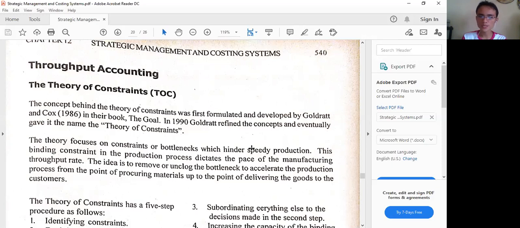Normally they hinder, or prevent or stop, speedy production. Remember, if we are operating on a global manufacturing scale, we want our production to be huge and speedy. That's why we have to remove, if not minimize, these constraints or bottlenecks. Otherwise, you wouldn't be able to maximize the production as well as the profitability and sustainability of the business.